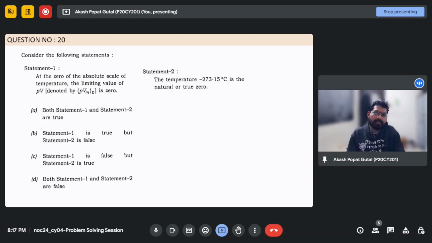Natural in the sense, as per the Kelvin scale, zero is actually according to the Kelvin scale. So this is actually degree Celsius. So what do you think? You express it as 0 Kelvin or minus 273.15, it's actually the same thing.